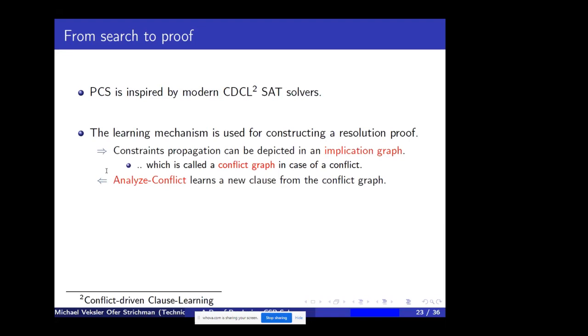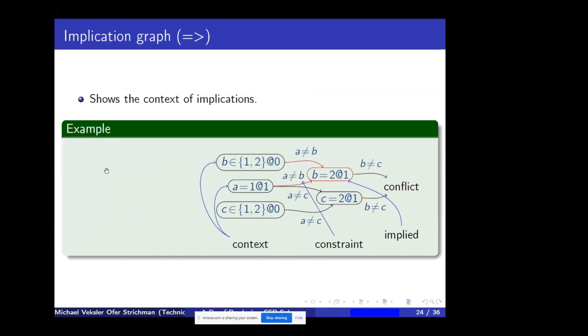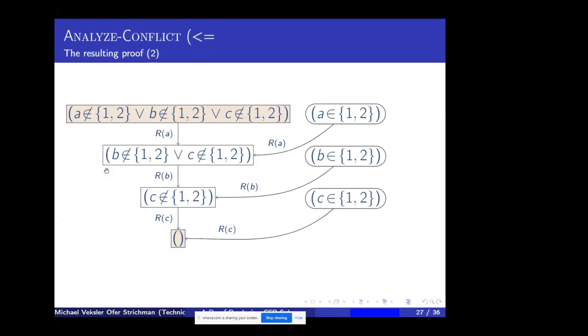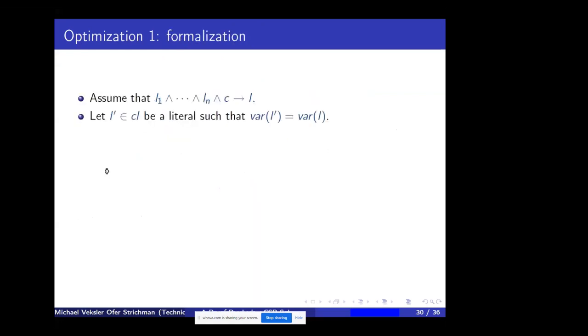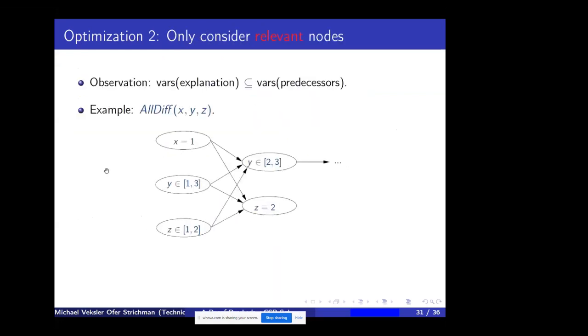Yeah, okay, so I actually did not plan the time well. So I'm going to skip a long part here because I'm out of time. Describing how analyze conflict works, I'm just going to go all the way to the end. There are several optimizations here that are somewhat interesting.